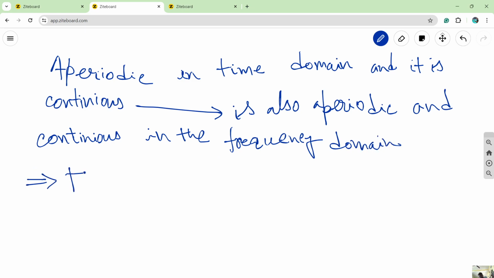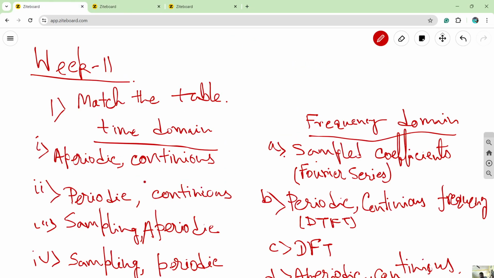This is Fourier transform. So the first one, aperiodic and continuous, is also aperiodic and continuous. So the option is 2A.